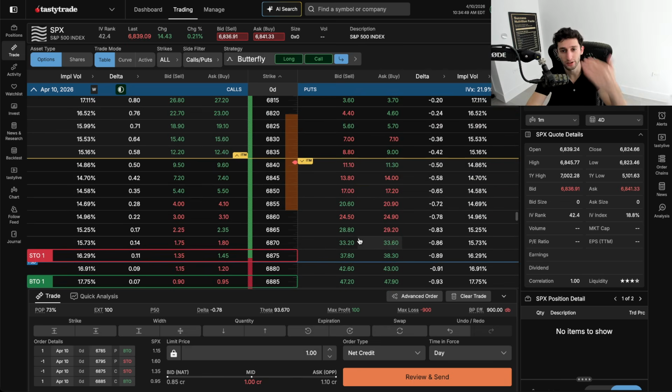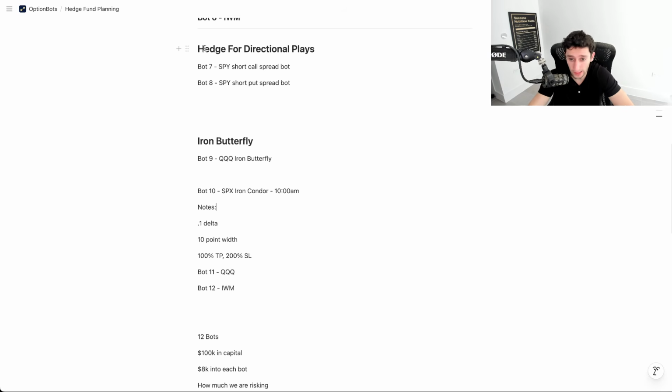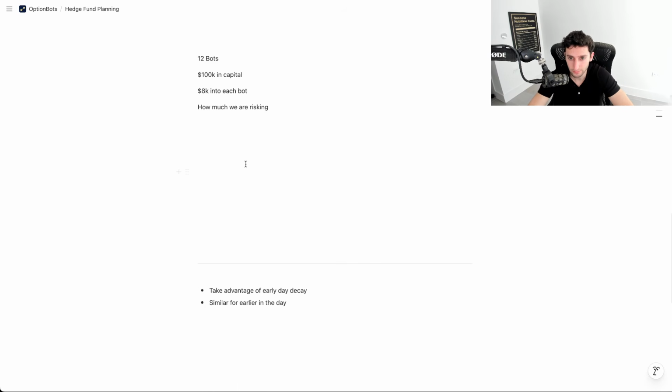Now this is just an estimate, but it's a nice calculator you can use to get an estimate of how much you could lose in one single trade. So let's say this was the case, and you can only take a minimum of one contract. One contract of SPX at 10 delta is $900 of risk.